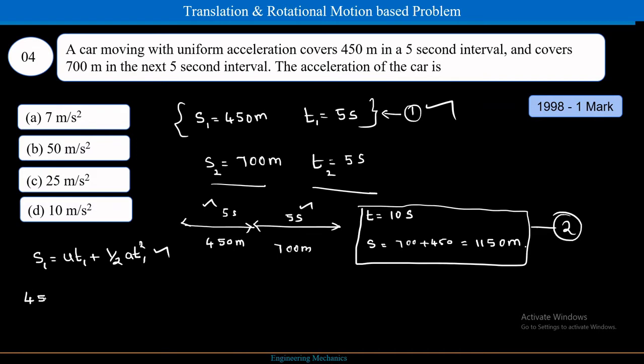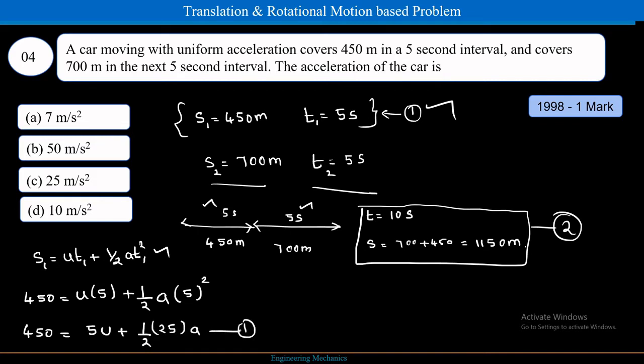So what I can put, s1 is nothing but 450, which is equal to u into t, which is 5, plus half into a into t, which is 5 power 2. So what it will come, 450 is equal to 5u plus half into 25 into a. This is going to be my third equation. I'll put it as third equation.